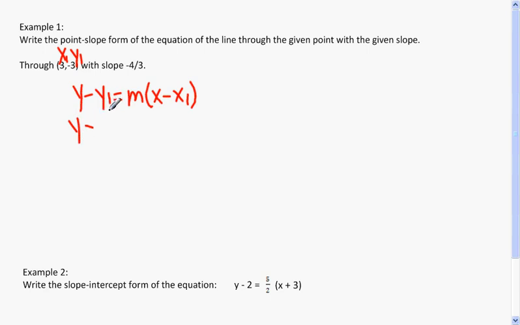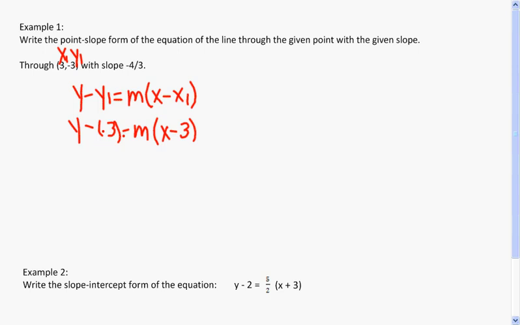So y minus, here's your y1 value. Putting that little subscript helps out up here, figuring out that my y1 value is -3. Your x1 value is 3, so x minus 3.